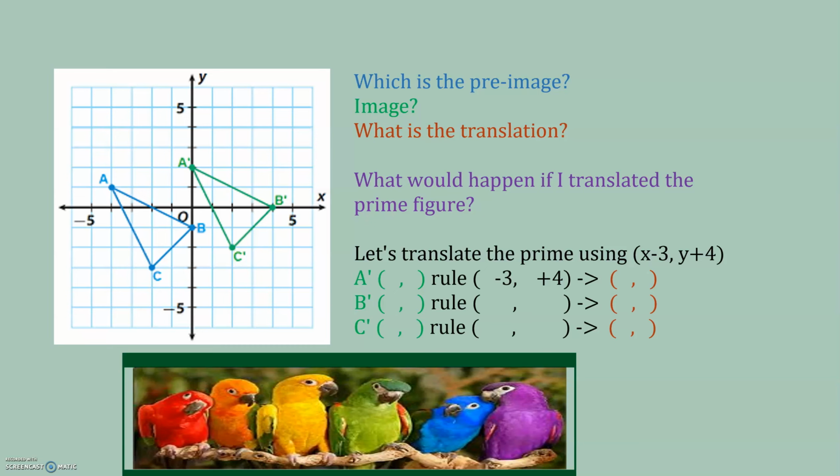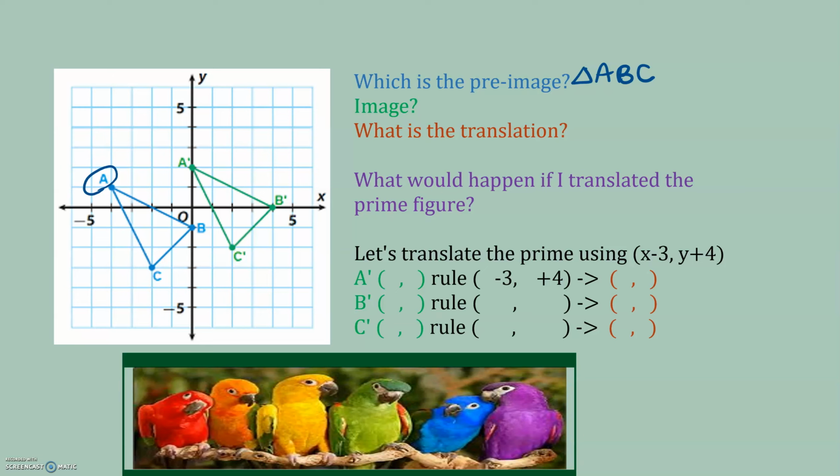Okay, now that you have it drawn in, which is the pre-image? What is our pre-image? Well, our pre-image are the points that do not have the primes. So our pre-image is the triangle A, B, C. Then what is my image?